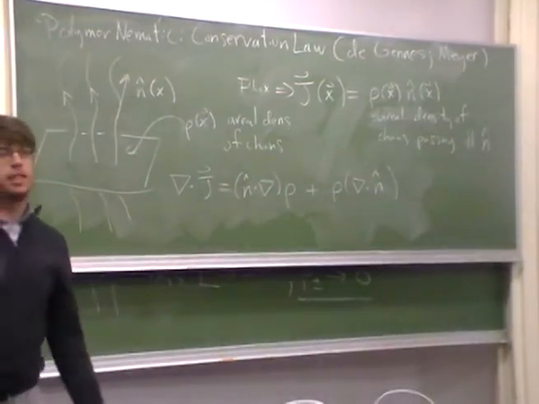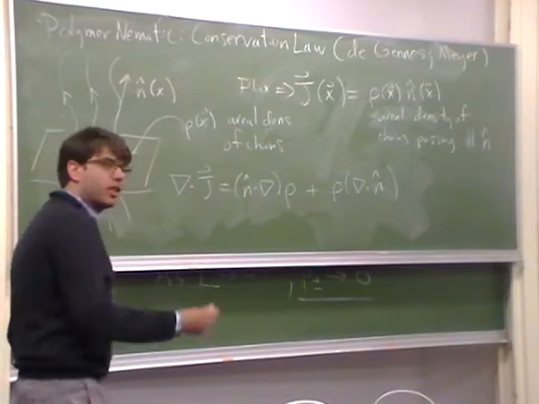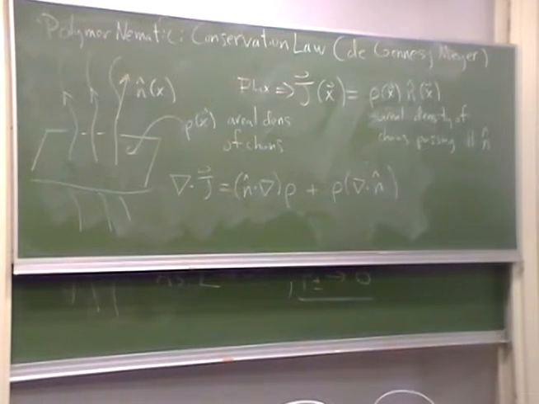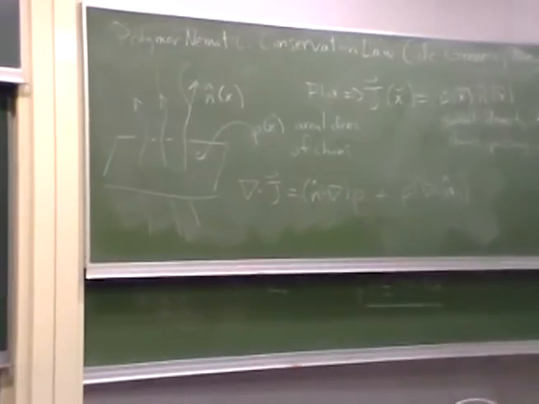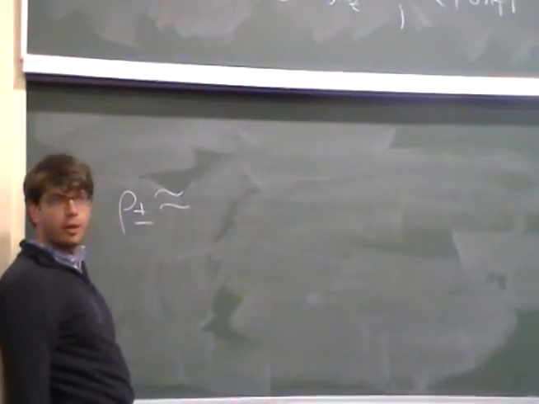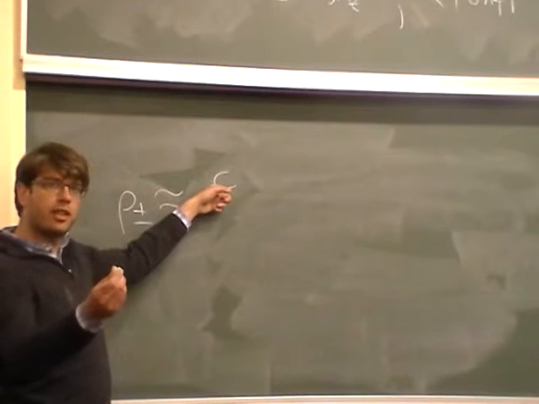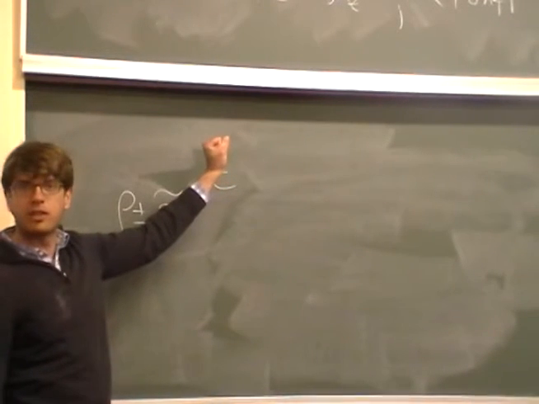Yes, sir? I understand why the divergence of the flux goes to 0. I don't understand why the number density for the plus and minus ends goes to 0. So essentially the idea, and I don't want to go through too many details here, is that the density of plus and minus ends is somehow related, and I'm going to put some squiggly lines here before I make a horrible mistake, to the number density of chains times the probability that a given point on the chain is its end.